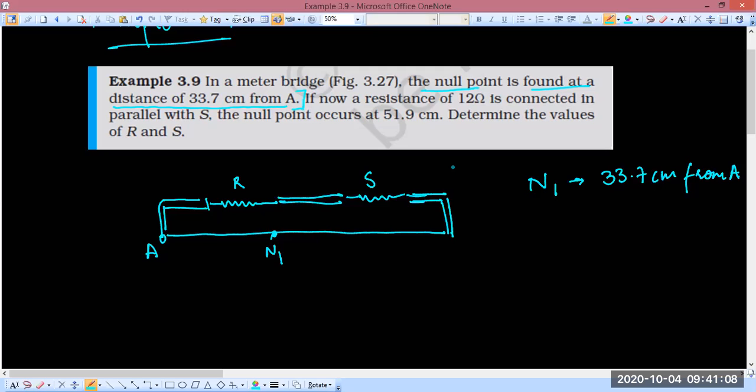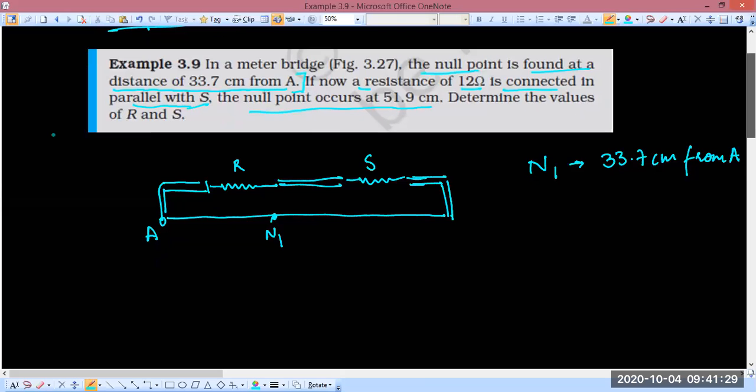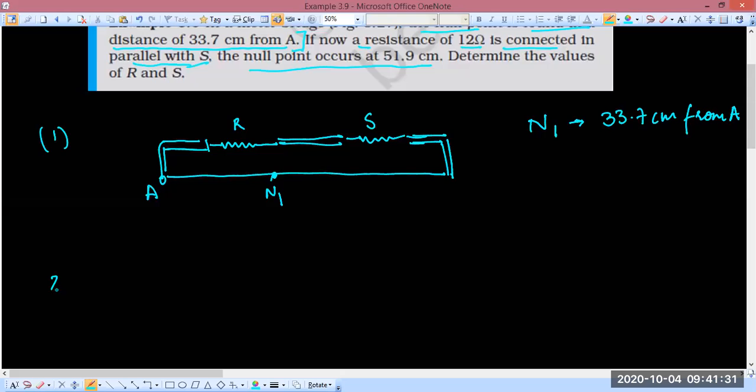All right then. Okay. Now it says that a resistance 12 ohm is connected in parallel with S. The null point occurs at 51.9 centimeters. So this is case 1. Now case 2.